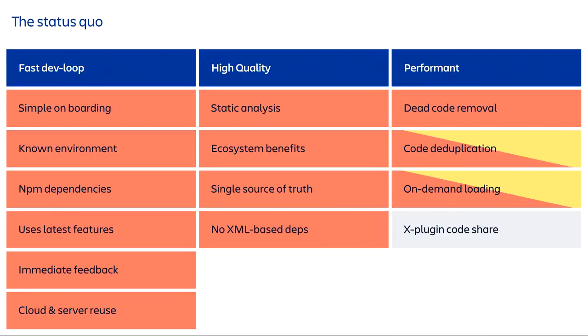And then there's cross-plugin code share. Ideally, we do not want to bundle every piece of code ourselves. So we all, me as JSD, live on top of the Jira platform, or you can be on Confluence or Bitbucket, any of these products.